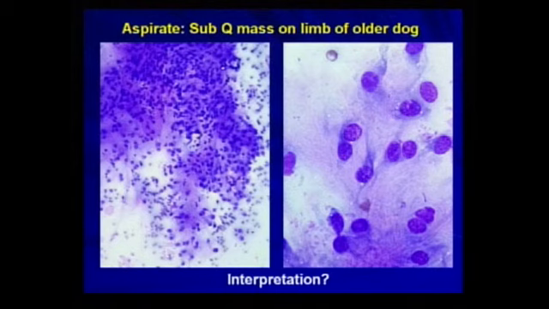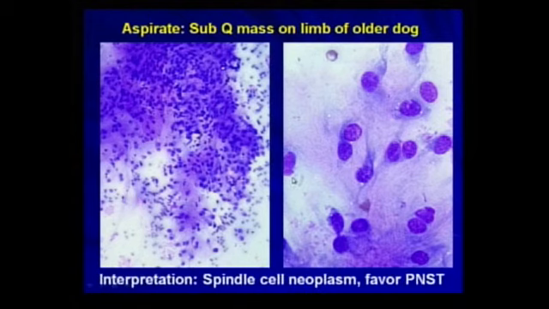It is that sub-Q mass. It was probably fluctuant, it was probably soft, and the owners came in probably thinking it's just going to be a lipoma. You can see that these cells are surrounded by abundant pink matrix. And this is likely to be a soft tissue sarcoma.